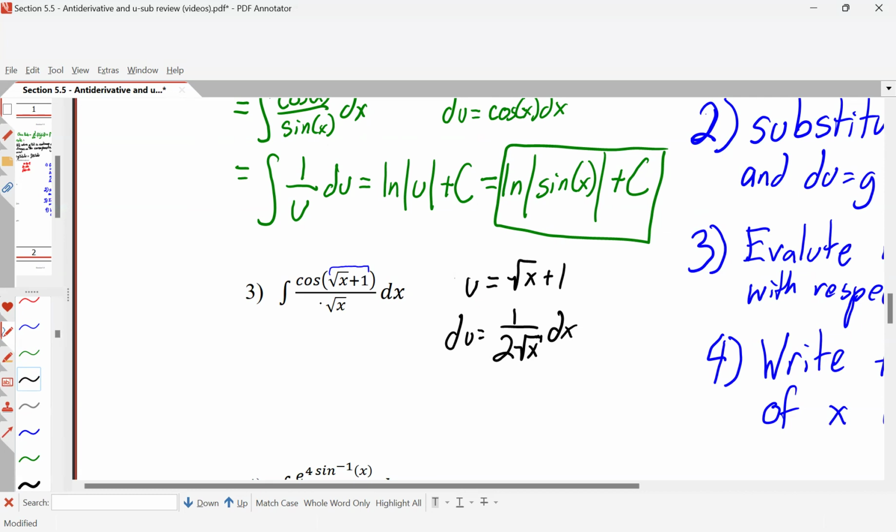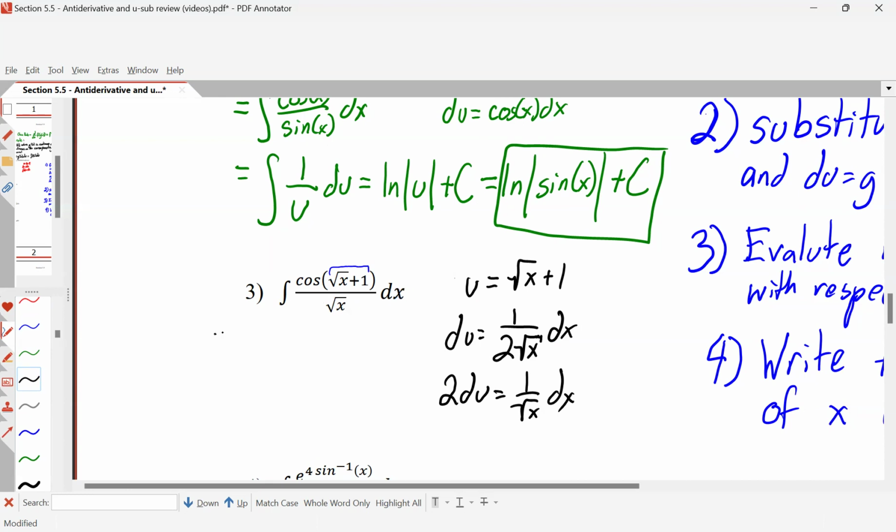We don't have the 2 here in our problem. So with a little bit of rewriting, we actually have that 2 du is 1 over square root x dx. So those two pieces together is 2 times du.